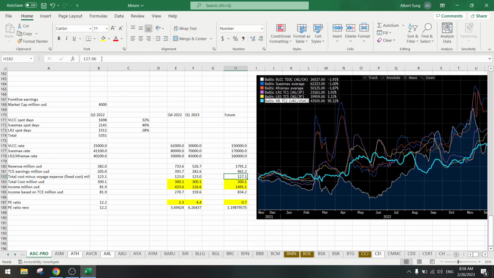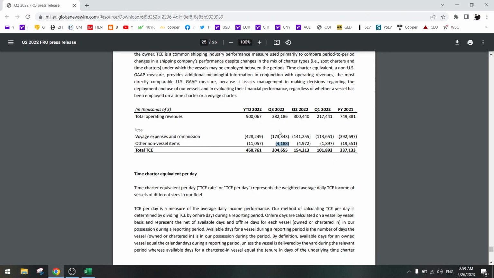Yeah, you just use this. Okay. So this should be a better calculation. And the 205 is coming from this.